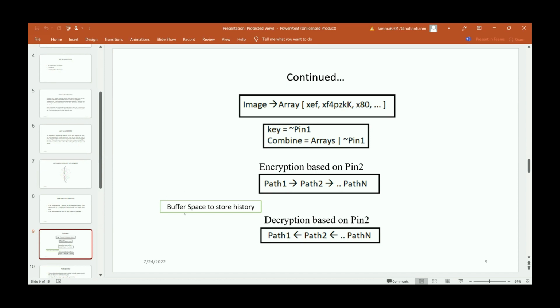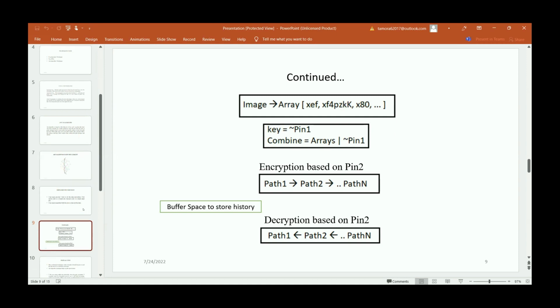It is going to see, oh yeah, this is the path that I have to travel, and it is going to travel. So this is how the entire algorithm works. Once the decryption is completely done, it reaches path 1, which is the source or the origin. At that level, we will be able to see the original image.